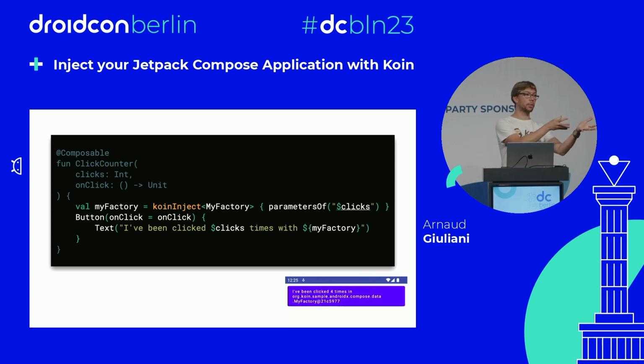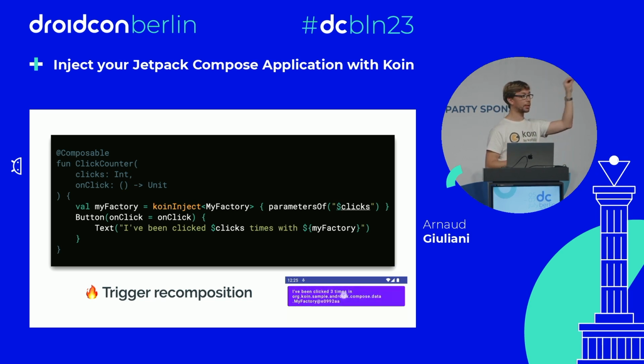Then we pass the number of clicks to say, hey Koin, generate me a new instance depending on the number of clicks. And then we are triggering a new recomposition because we are recomposing over the state of clicks, and then it updates the My Factory instance. You see, this is the key point to understand in terms of composition, recomposition, and how everything is cached for you directly.